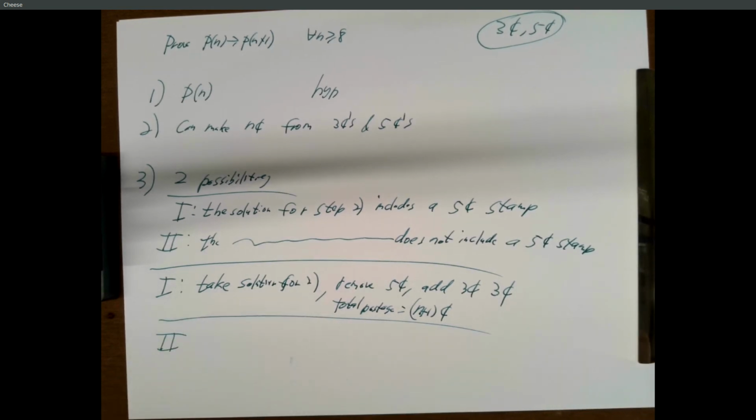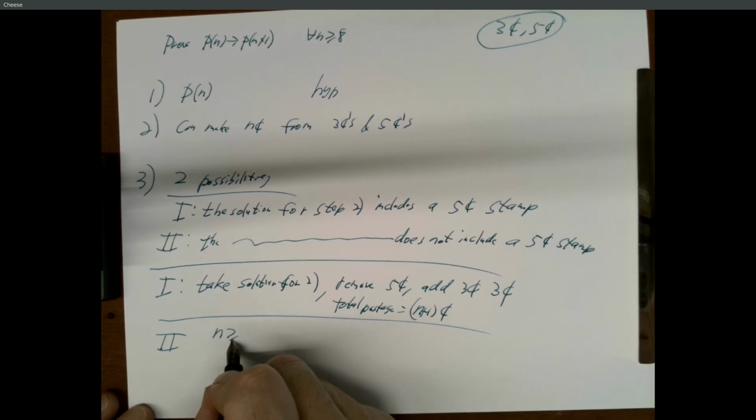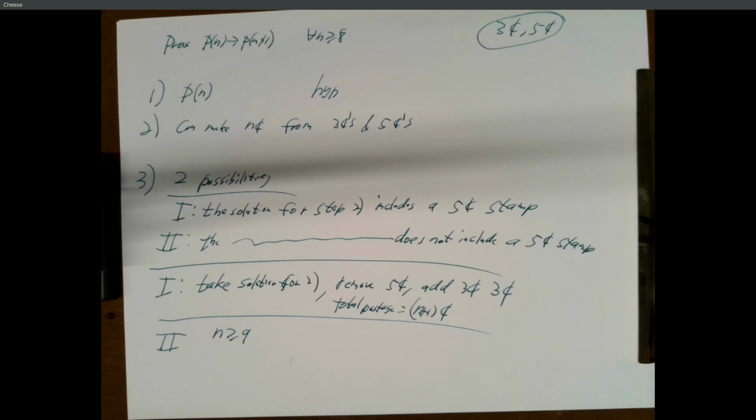Possibility 2, there are no 5-cent stamps. Well, if there's no 5-cent stamps, n could not have been equal to 8, because the only way we got 8 cents is a 3 and a 5. So n is not equal to 8, n is bigger than or equal to 9. And if it does not include a 5-cent stamp, it only includes 3-cent stamps.